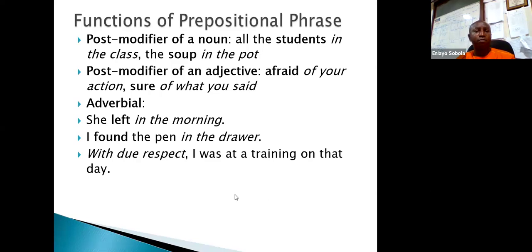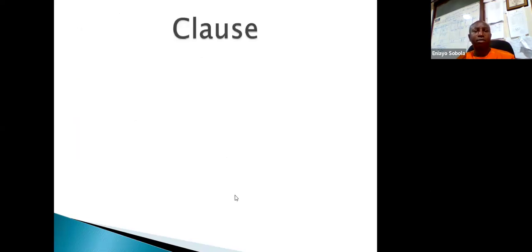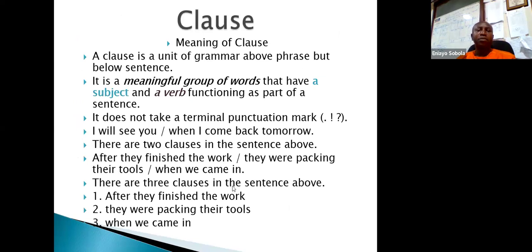So let's move to clause. We need to briefly look at clause. A clause is a unit of grammar above phrase, but below sentence.